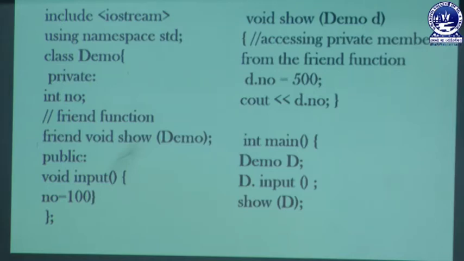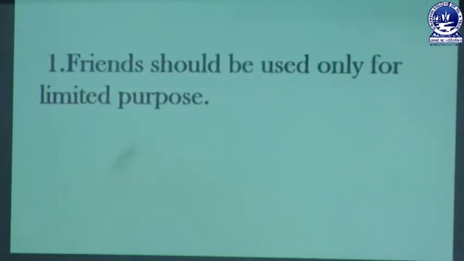Actually, it is a very simple program, but here I want to show you that no is a private data member of class demo which cannot be accessed by any outside function, but by using a friend function we can access it.